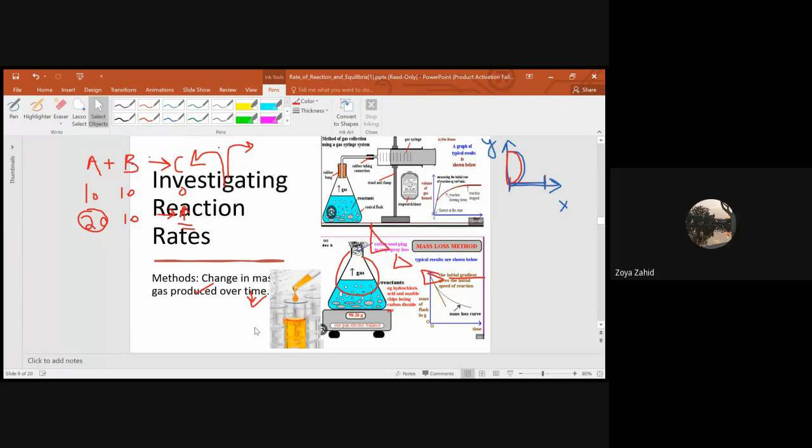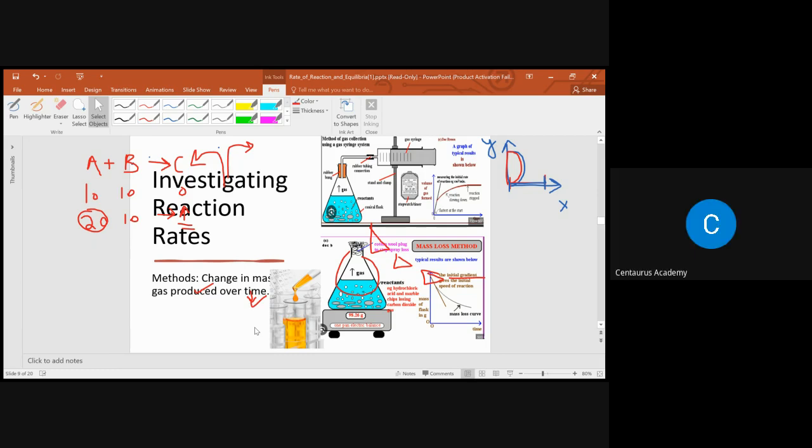Yeah, is the end time on the graph, where the reaction stops, going to differ for both concentrations, or is it the same?